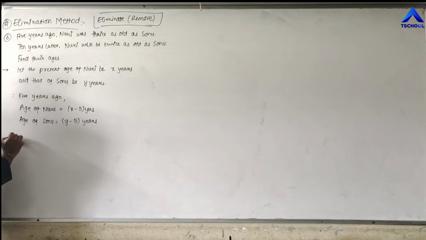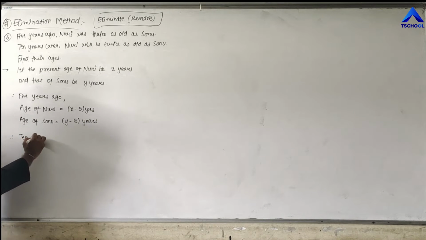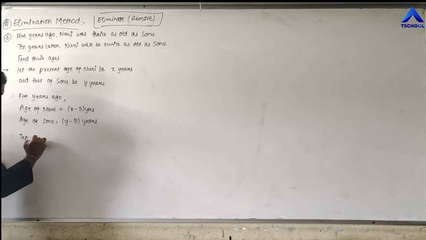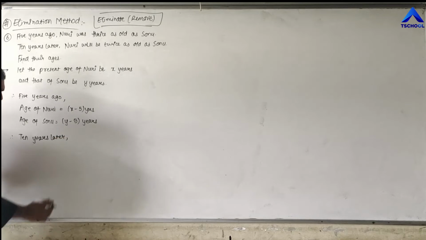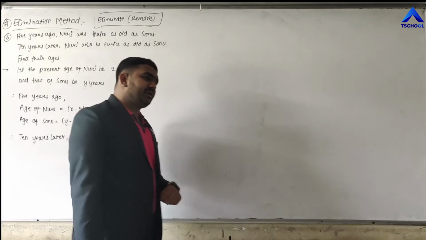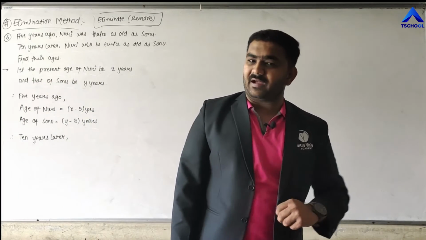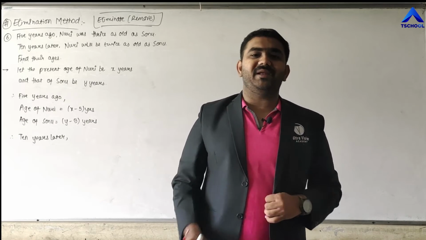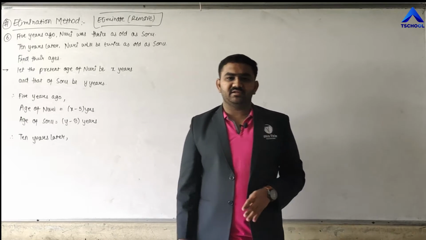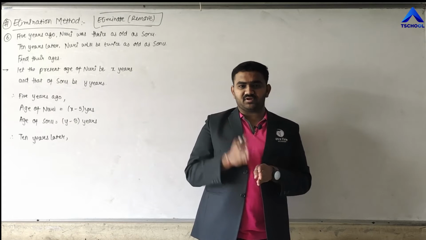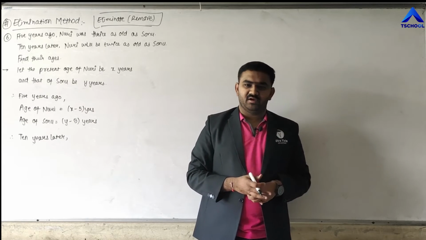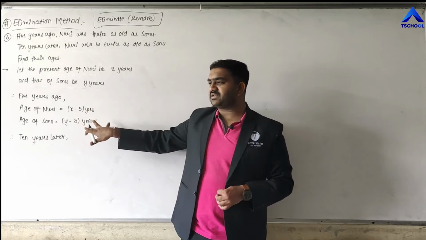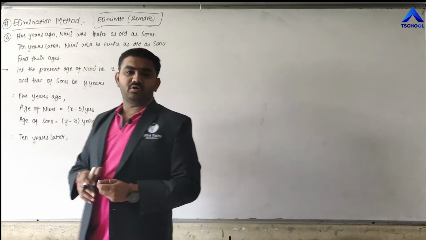Similarly, let me also find out the ages 10 years later. See, this 10 years later is not from 5 years ago, it is from the present condition. 10 years later, that means we are going to first come to the present condition and then we are going to move on to 10 years later. Don't move 10 years later from this condition, that will lead you to a wrong answer.